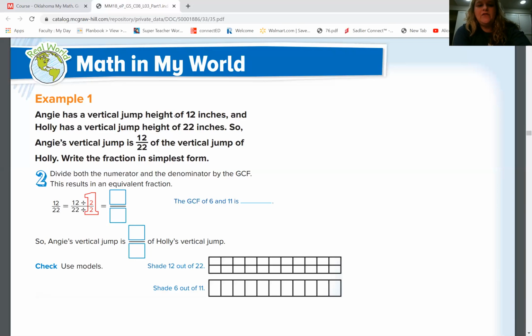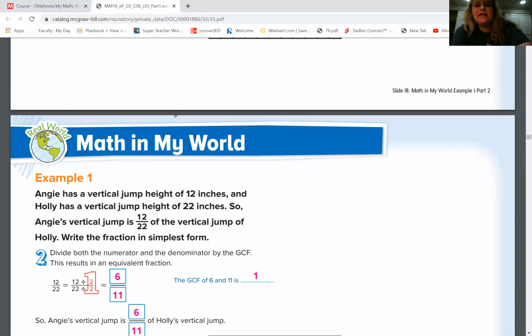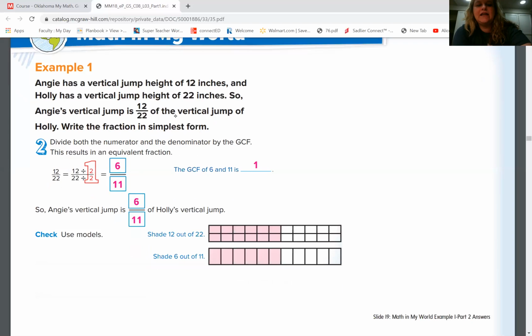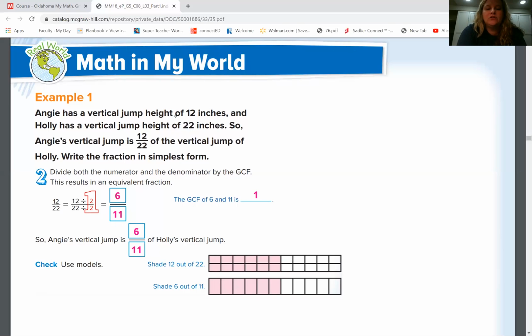And when you shade those in, you should see that they're an exactly equal amount. And what this tells us is that when we put a fraction in simplest form, they're still equal. It's just a different way of writing it. So these are equivalent.